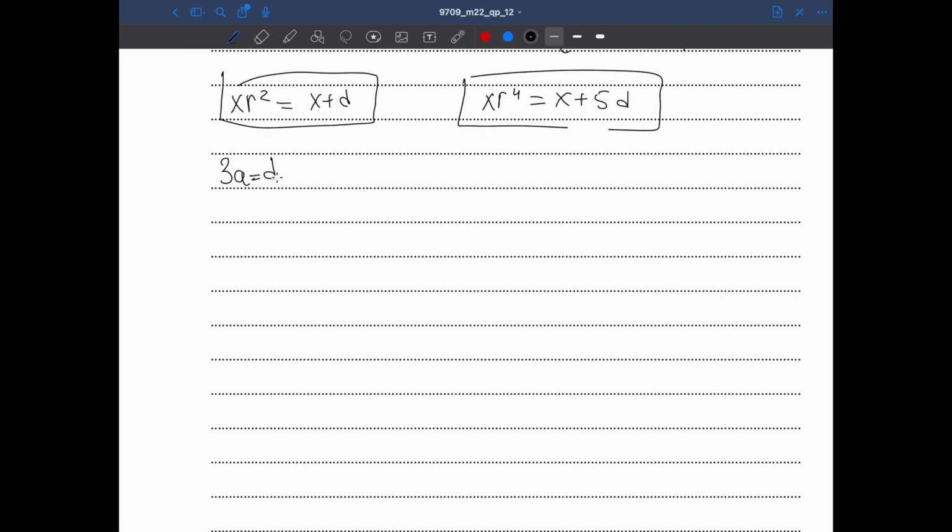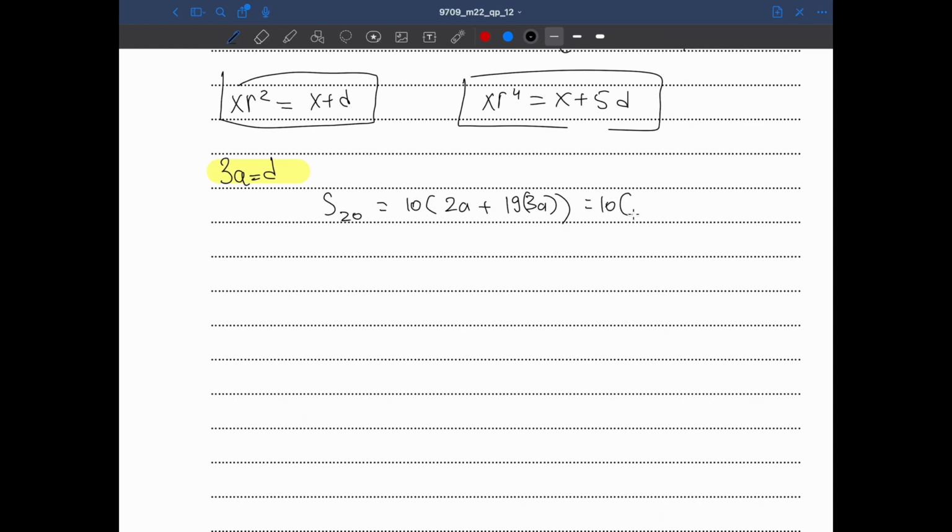All right, we have 3a equals d. So we finally found d in terms of a, which was our main goal. And now we can plug it into our sum equation. So S20 equals 10 multiplied by (2a plus 19 multiplied by d), which is 3a.